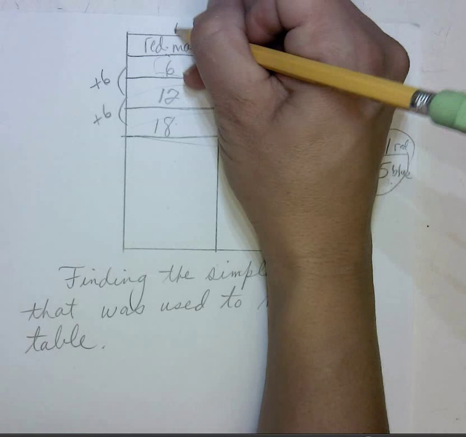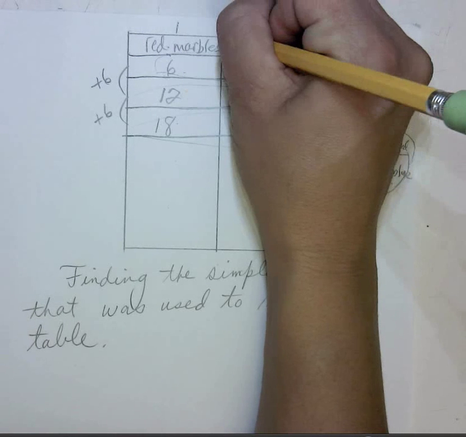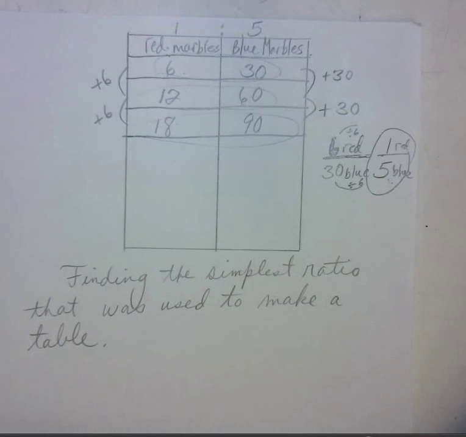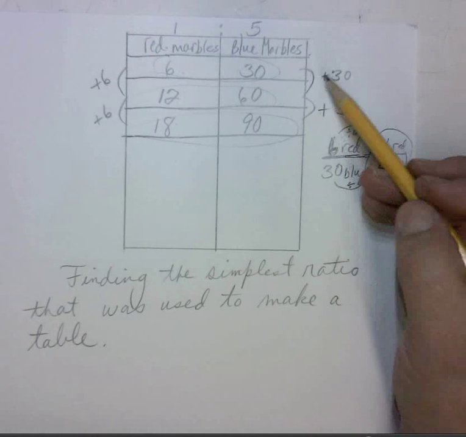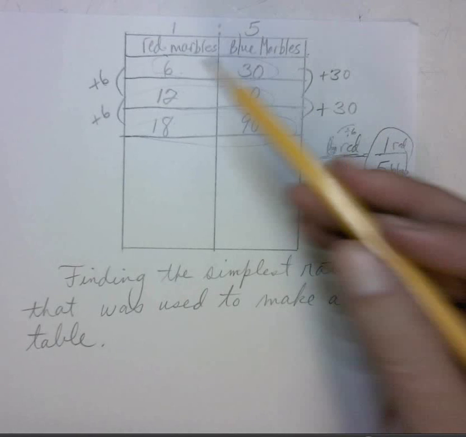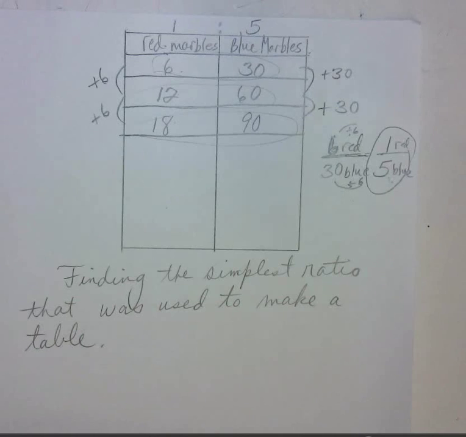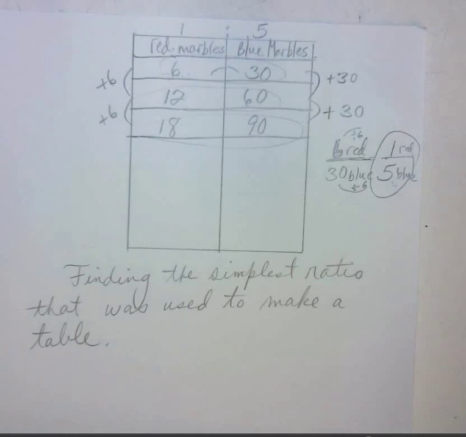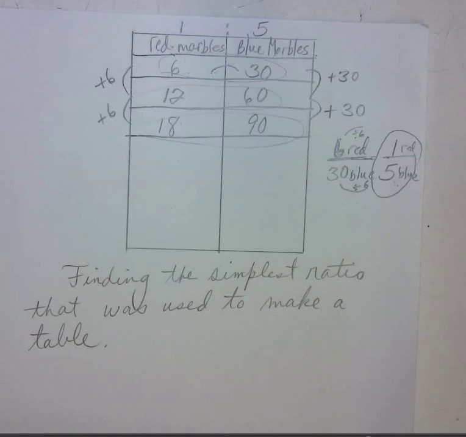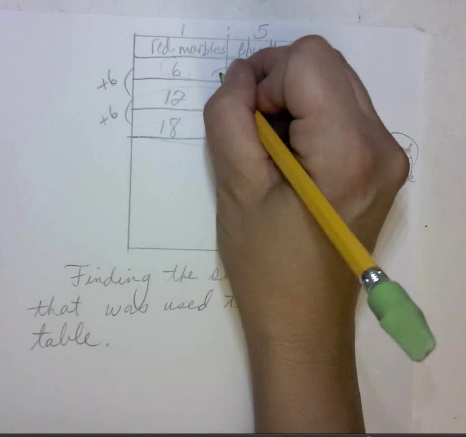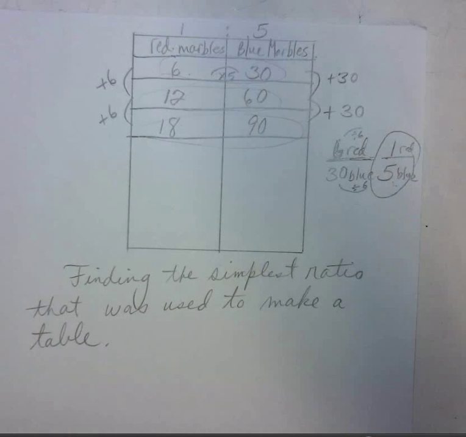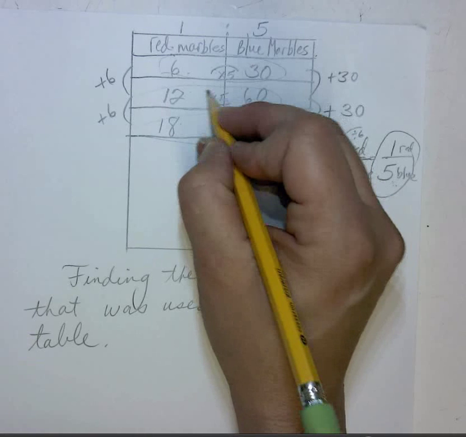And just like we have these additive relationships here, we also have a multiplicative relationship here. Because every time that you go from red to blue, you're multiplying by the same number. 6 times 5, 12 times 5, 18 times 5. So every time you do that, you're showing that there's a multiplicative relationship as well.